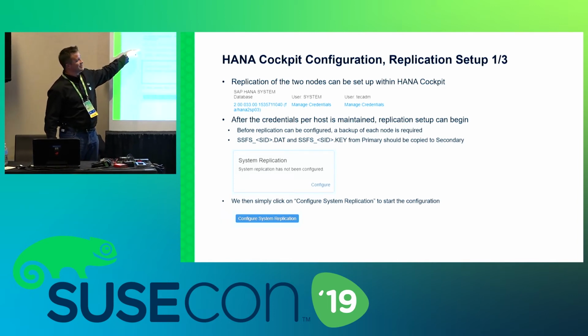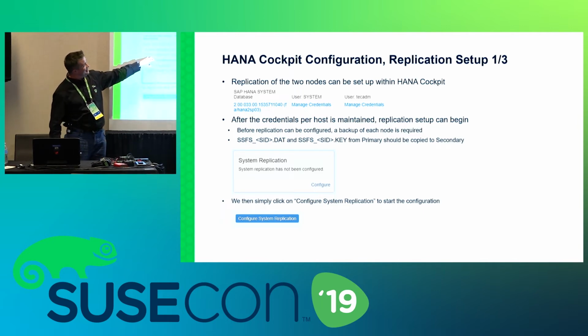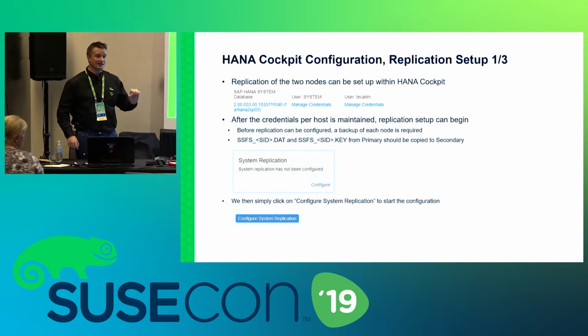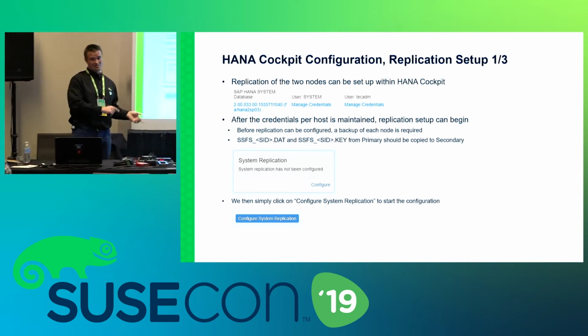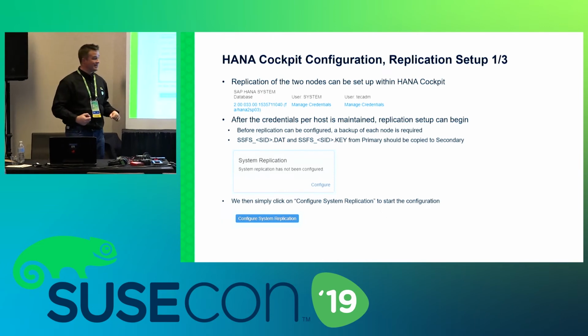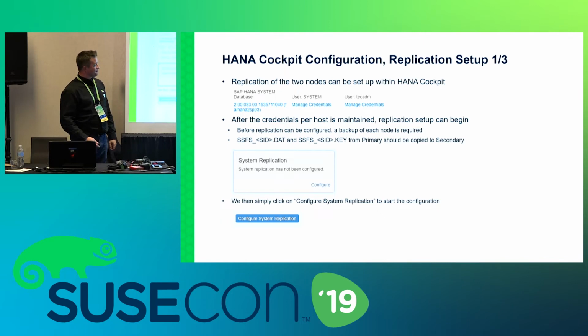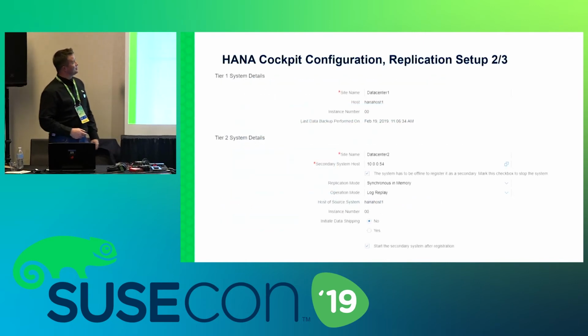I didn't screenshot it here, but I'm going to give you the command that you can use on any environment just now. And then afterwards, I also needed to ensure that the SSFS data and key files are copied to the secondary host from the primary host. If I don't do that, then I cannot set up replication because it cannot decrypt the data. And then, of course, I can configure my replication. So this is using HANA Cockpit.